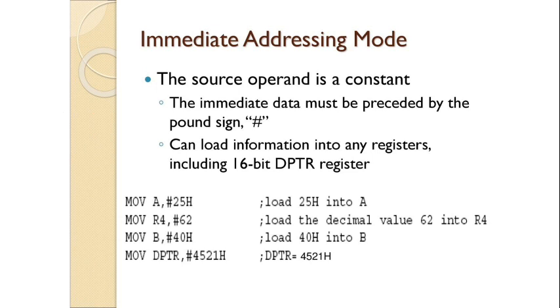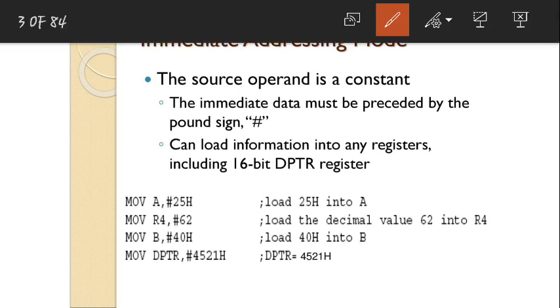Next, it can load information into any register, let it be an 8-bit register or the 16-bit DPTR register. As we have already seen, whenever I write MOV A, A is in the place of destination and 25 is in the place of source. For this instruction I am loading the 25 value into A; whatever is in the source, that value I am moving into the A register.